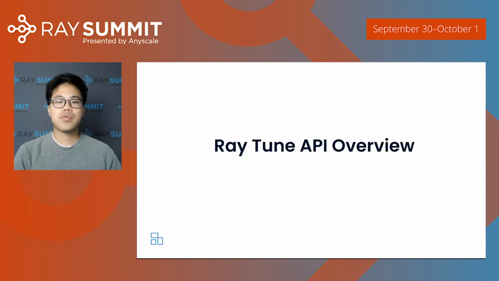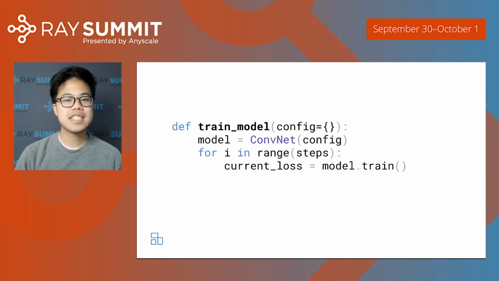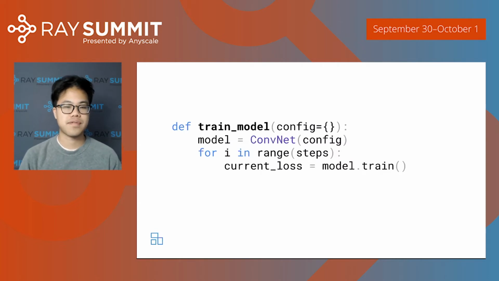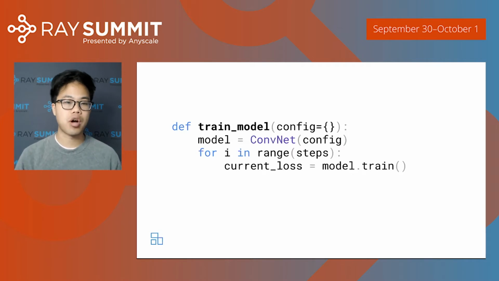Let's quickly walk through the RayTune API so that for the newcomers, they have a better understanding of the flexibility and simplicity that Tune really provides. Let's start with a simple model training function. In here, we have a function called train model.